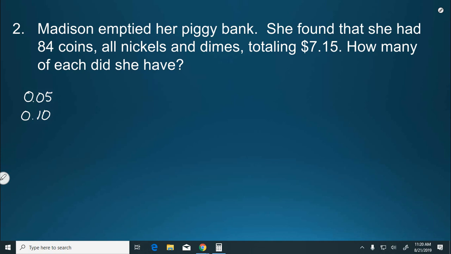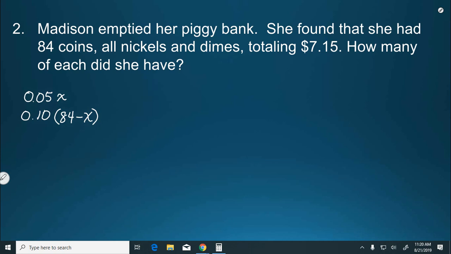All right, so in this case, we're going to call the smaller value coin the X, and the larger is the number of coins total minus X. So if I have X number of nickels, that means I have 84 minus X dimes. Right? So for example, if I had 20 coins in all and I know 5 of them are quarters, I want to figure out how many of them are not quarters.